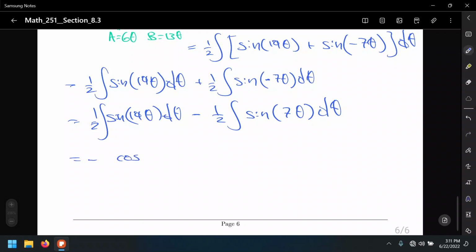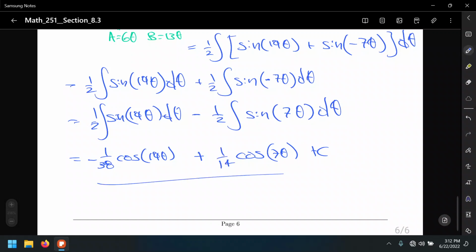So negative cosine 19θ, and minus, well, plus rather, because the minus will become a plus, cosine 7θ plus C. But in this case we're missing those factors that come from the u substitution. That'll be a 1 over 19, but that 1 over 19 times this 1/2, isn't that 1 over 38? And 1 over 7 times 1/2, isn't that 1 over 14? And that's our final answer here.